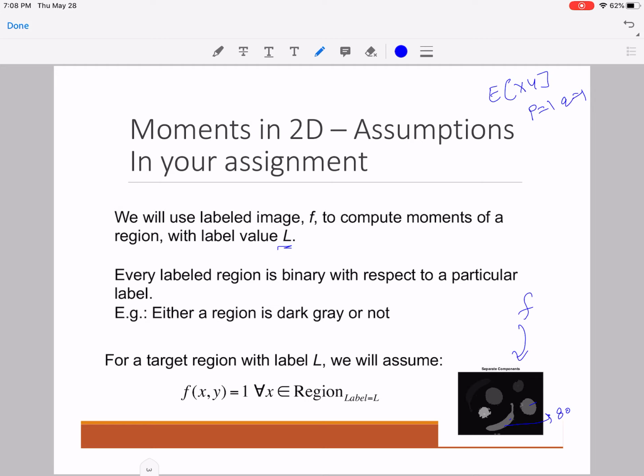For example, a pixel either has a label equal to 80, or it's not going to have label 80. So this helps us make an important assumption that f of xy can be considered equal to 1 if both x and y belong to a region of a particular label. This is going to be our assumption just to simplify our calculations with respect to moments and central moments. Now, the calculation of moments and central moments is pretty mechanical in nature.